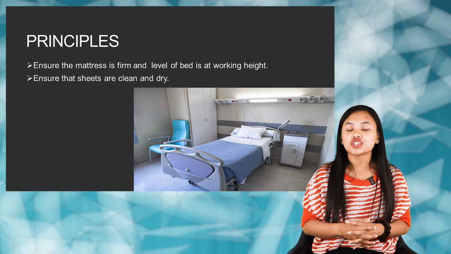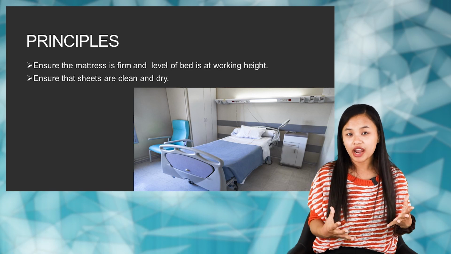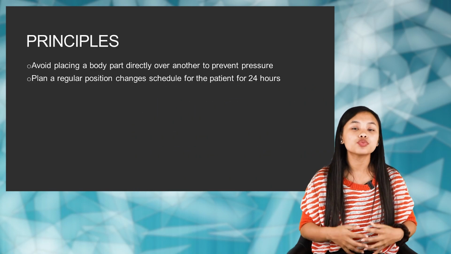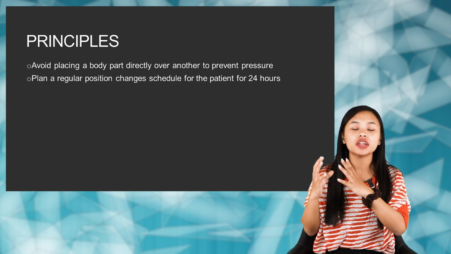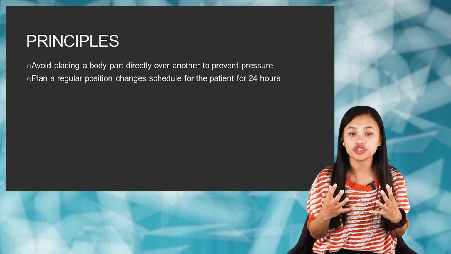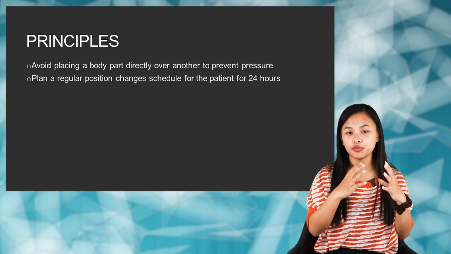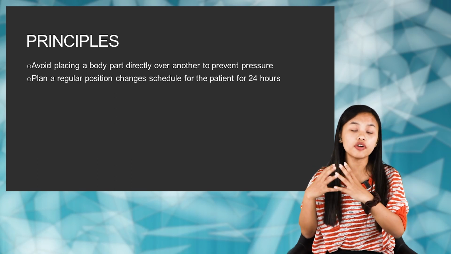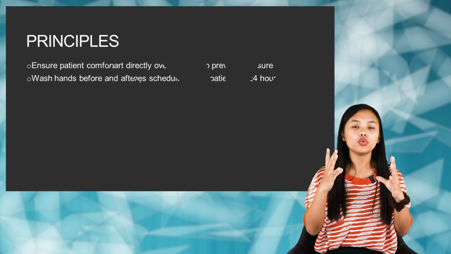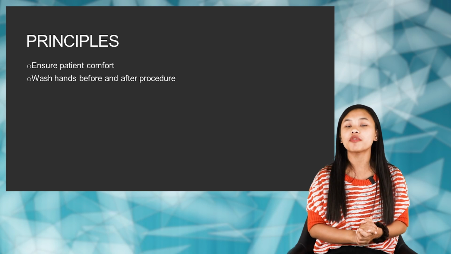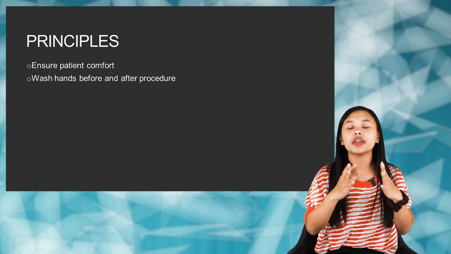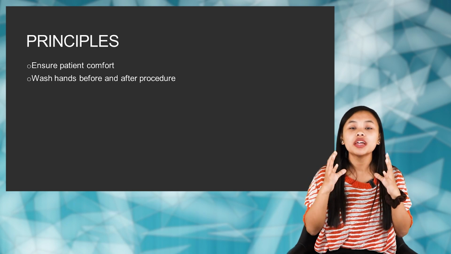We must ensure that the sheets are clean and dry, and avoid placing body parts directly over one another in order to prevent pressure. We should also plan a regular position change schedule for the patient for 24 hours. We should make sure that the patient is comfortable, and perform hand washing before and after the procedure. So these are the principles of positioning.